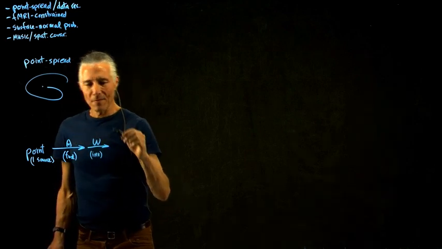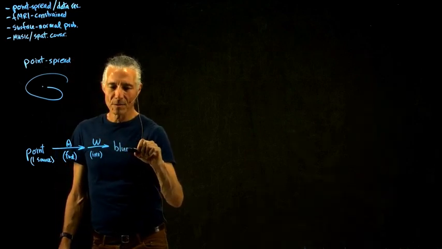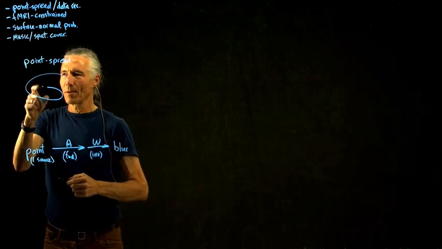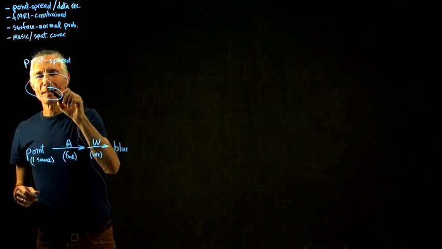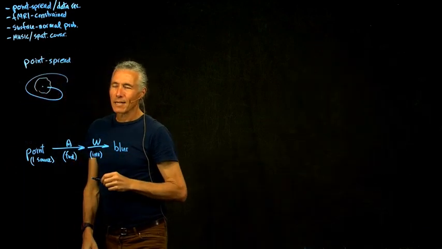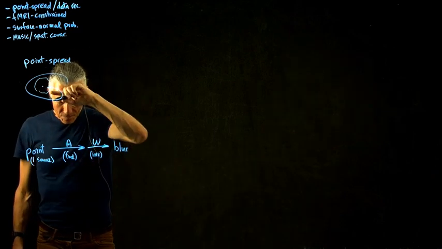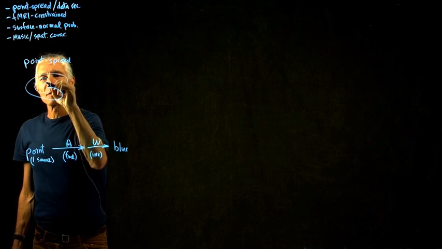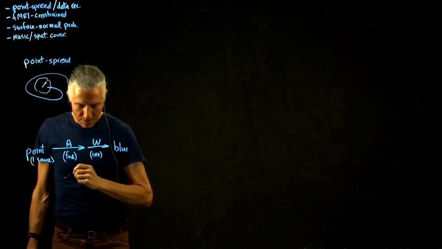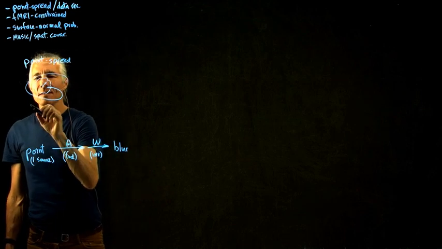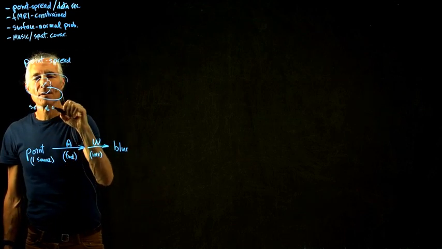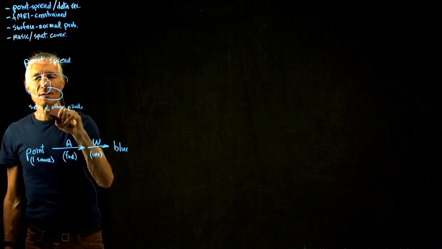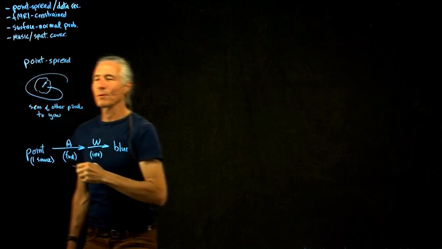That will tell you how much blur there is. If you take one source, run it through the forward solution, and then you get back some big blob, that tells you how much this data point will affect other points around it. It's like the sensitivity of other points to this point.